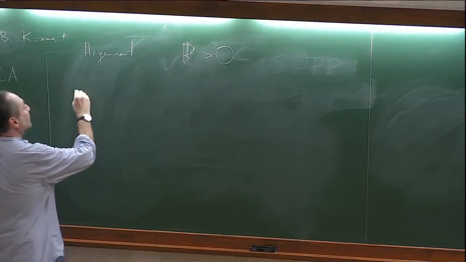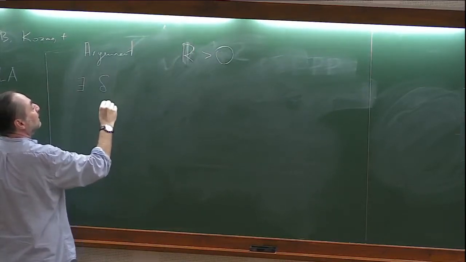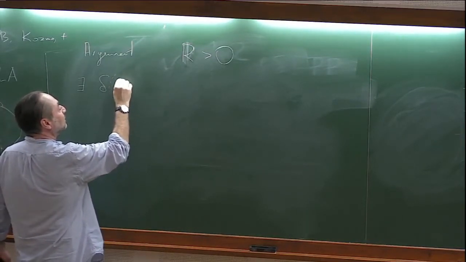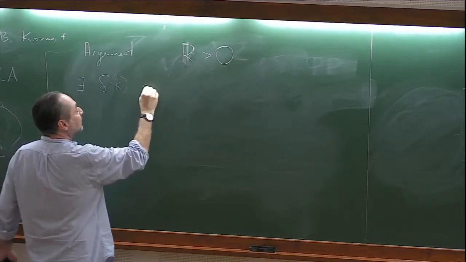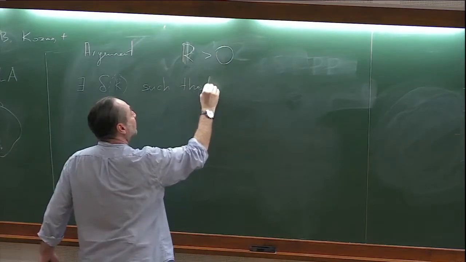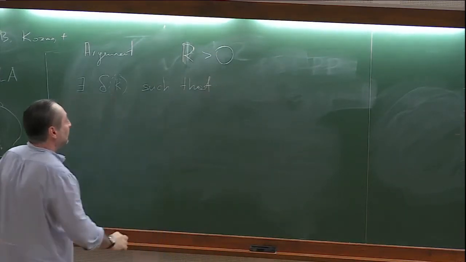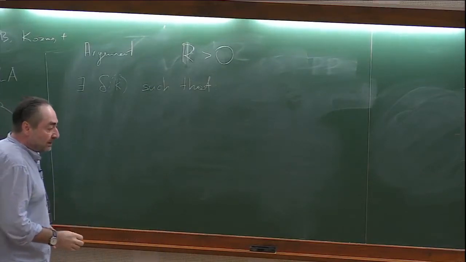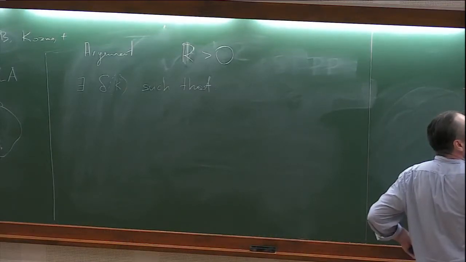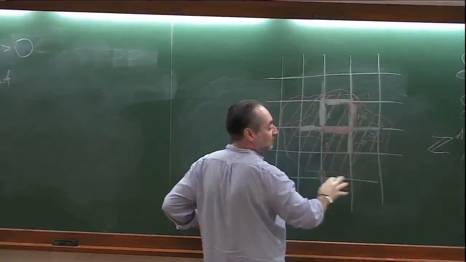Then I claim that there exists a reinforcement delta, which will depend on R, but I don't want to do it explicitly now, such that the following will happen. You remember the process where my random walk, bouncing on the boundary, either lets it go or sends it back, and you are moving in this area.